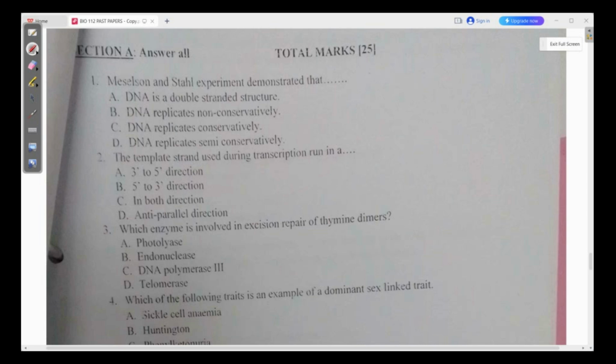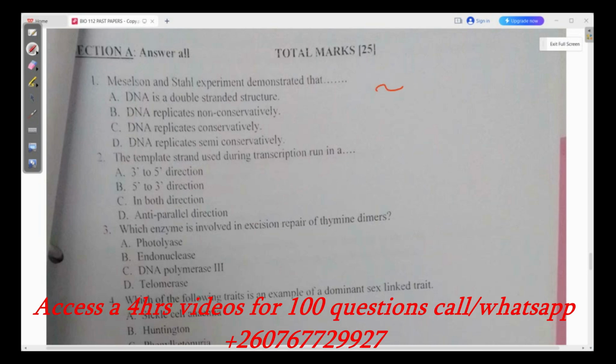Then others looked at it as conservative, that is, one new DNA will contain 100% old strand, and the other is going to contain 100% new strand. Then others looked at it as semi-conservative, that is, each newly synthesized DNA is going to have half old strand and half new strand. That is, if this is the old strand, this is going to be the new strand.